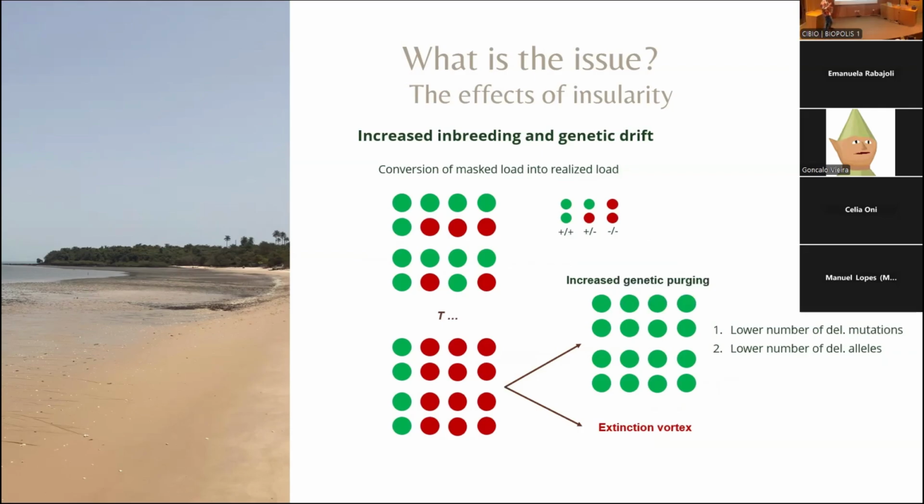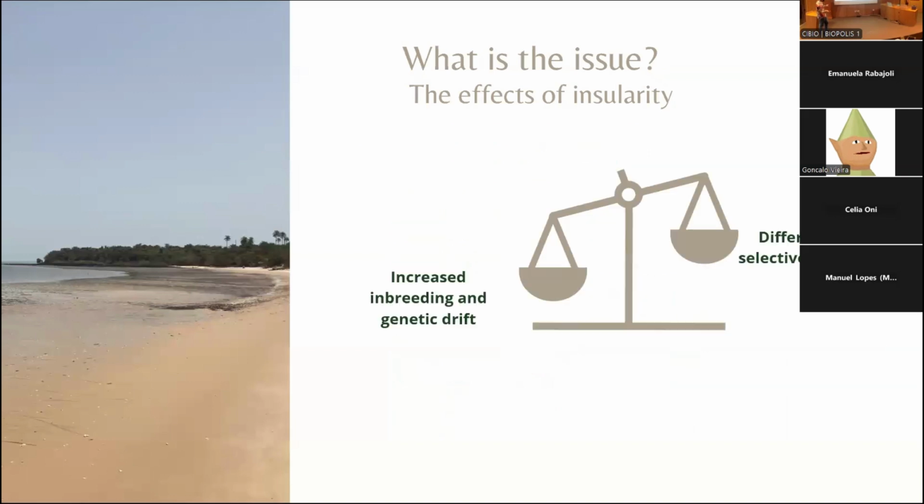And how can we see this? One of the ways is looking at, for example, genetic purging, which is the most common effect that we have been seeing, like in kakapos and other insular species. We can see a decrease in the total number of mutations, but also a decrease in the total number of alleles. And I will explain this a little bit more when we get there, right?